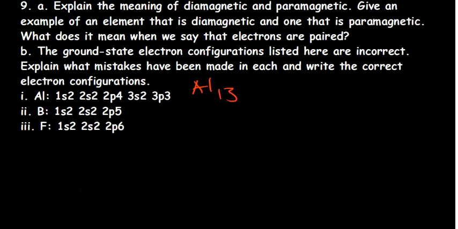And the atomic number of boron is 5. Then the atomic number of fluorine is 9.